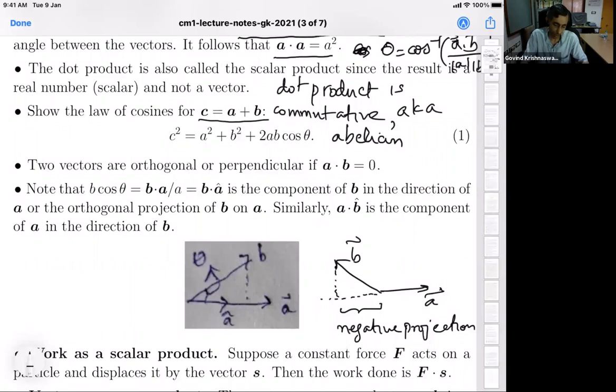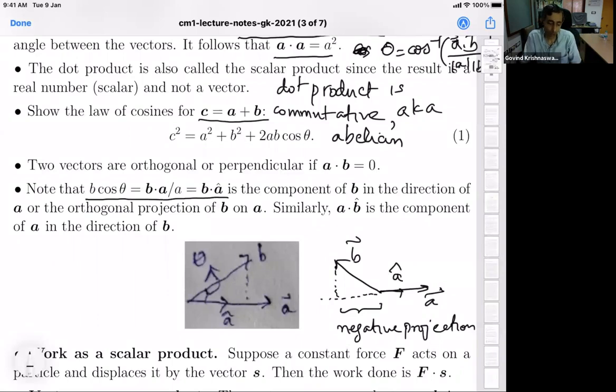So here is the formula. You have the vector A, and from vector A, you create the unit vector in the direction of A, the unit vector of length 1.